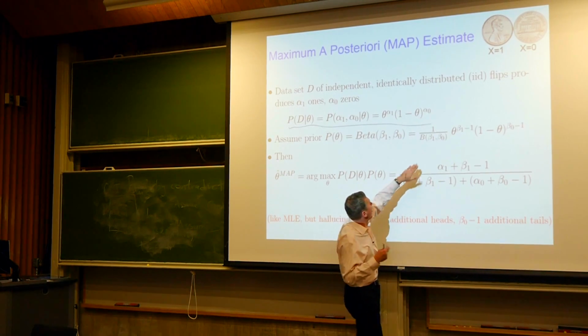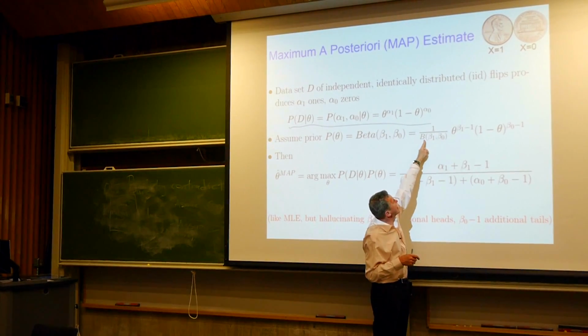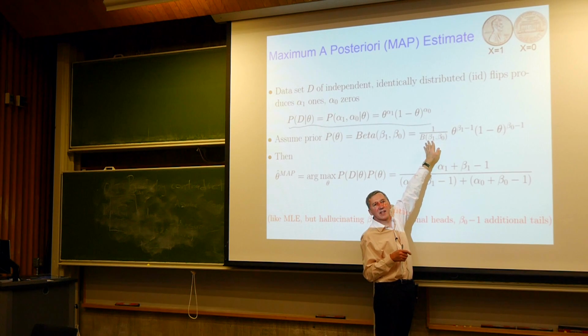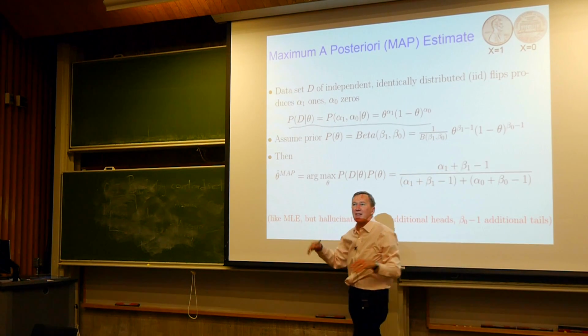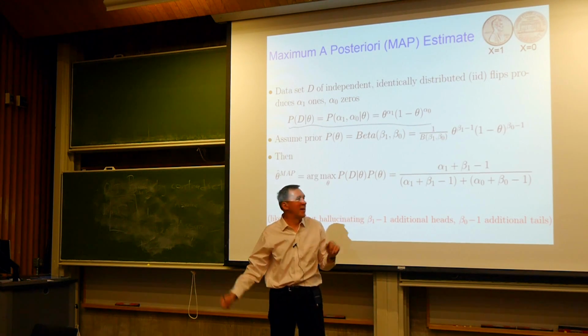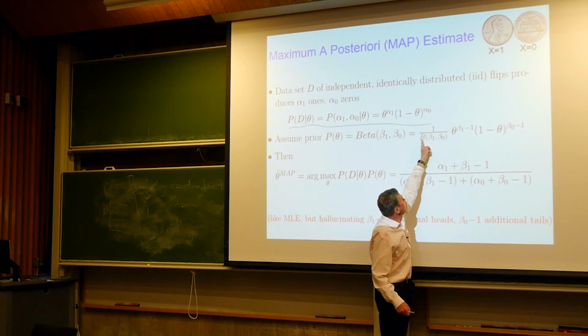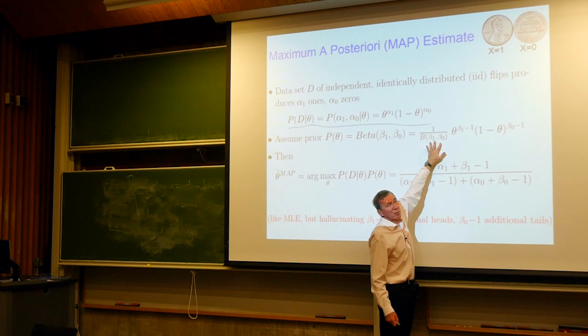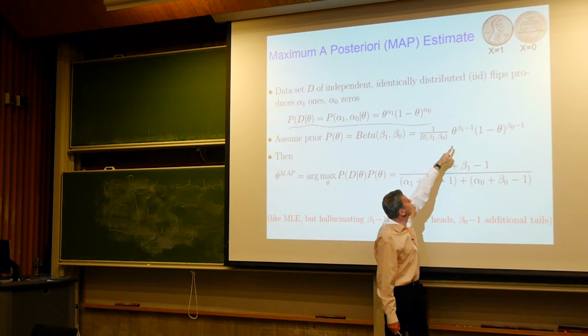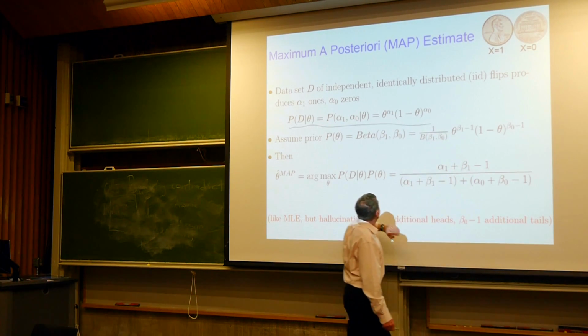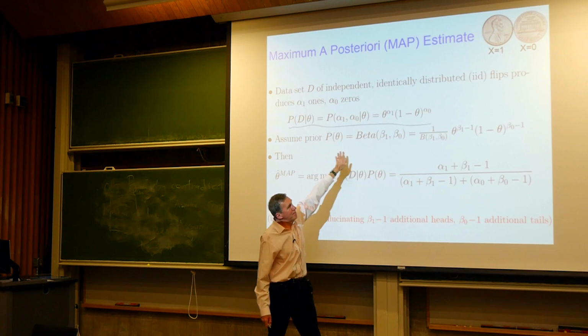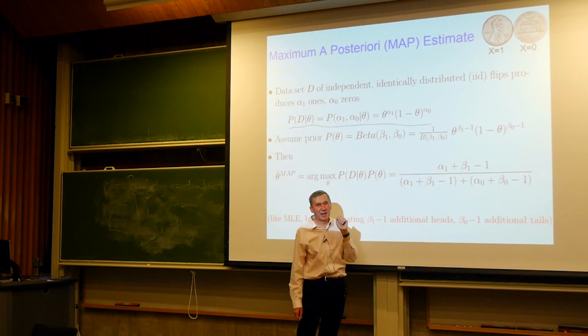So for our purposes, we can think of this as a normalizing constant that makes sure the integral over all possible values of theta of the probability equals 1. And of course, that constant doesn't even depend on what theta is. So when we're solving for theta, we can just ignore that constant if what we're going to do is try to maximize the probability.